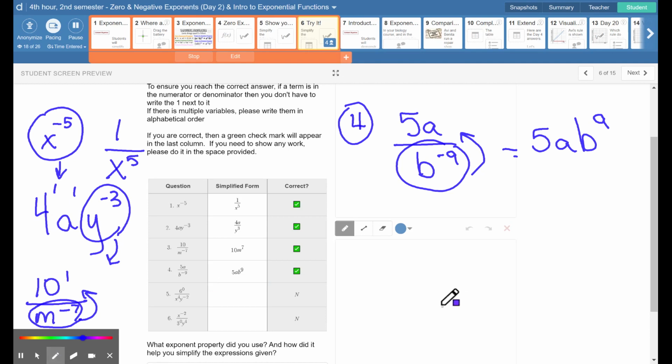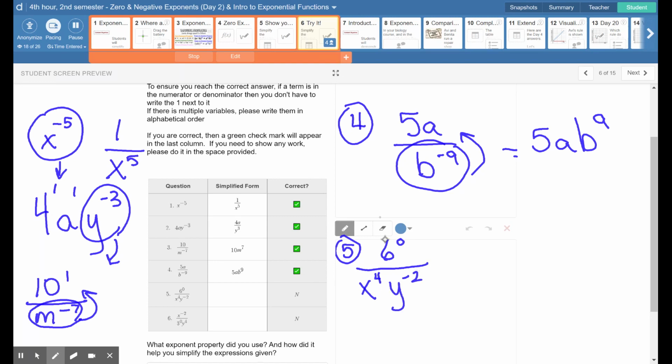Now, number 5 talks about both properties that we've learned. So 6 to the 0 means something. 6 to the 0 becomes a 1, because that was what we did on slide number 4. So I'm just going to cross this out, and I'm going to put a 1, because anything to the 0 power is a 1.